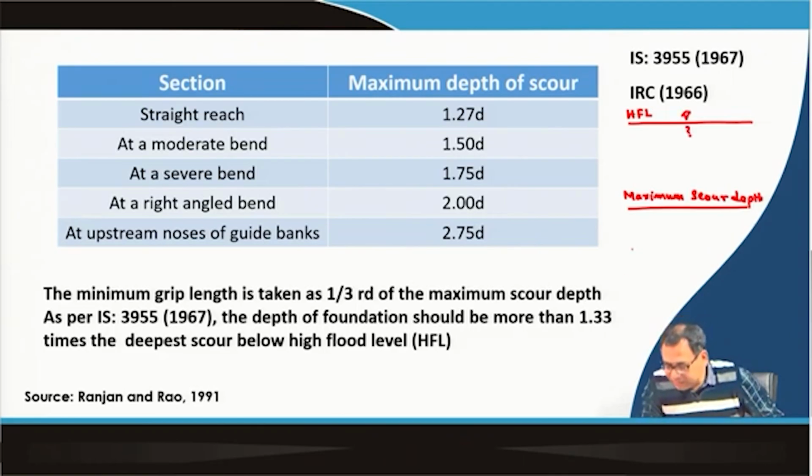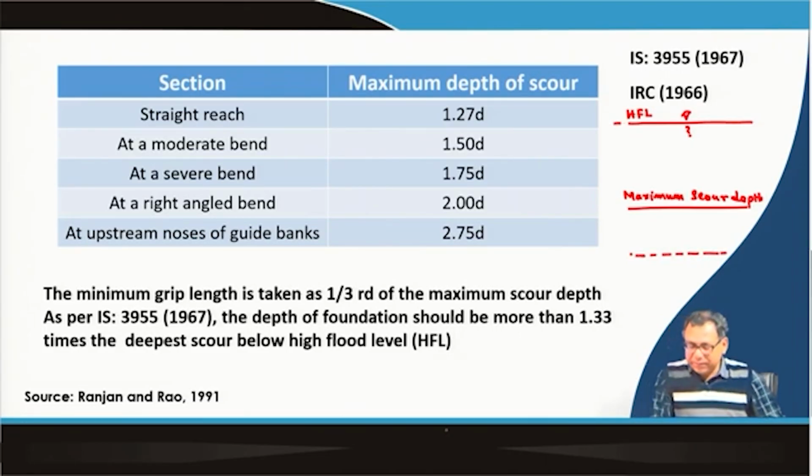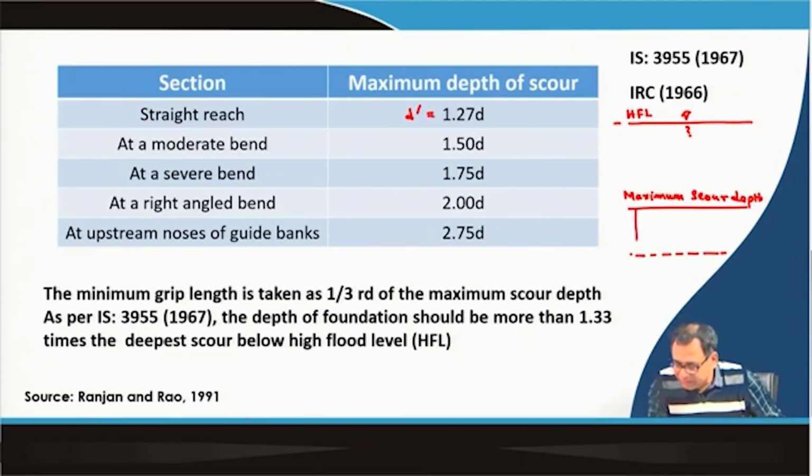Now the grip length will be at least, and your depth of foundation will be at least here. Suppose this maximum scour depth is say d dash. This one should be more than 1/3 of d dash.